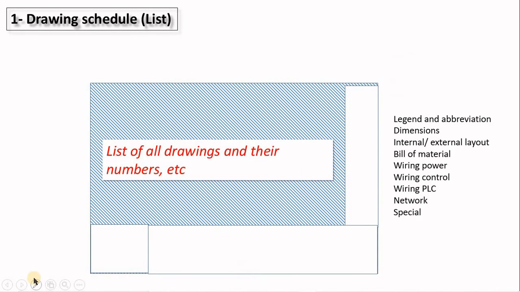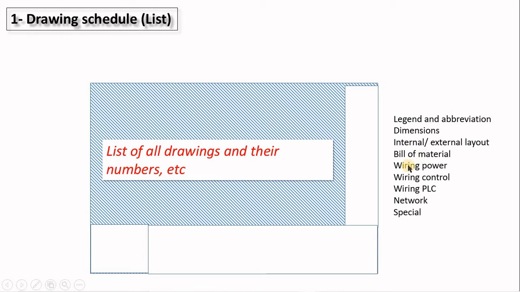Let's go into the first drawing. The first drawing is a list of all drawings for this cabinet. Now the list, if you are preparing the cabinet by yourself, like you're doing the design for the cabinet, you may not have a good idea on how many drawings you will need, but you will need a legend, a dimensional drawing, internal, external layout, bill of material, wiring drawing.